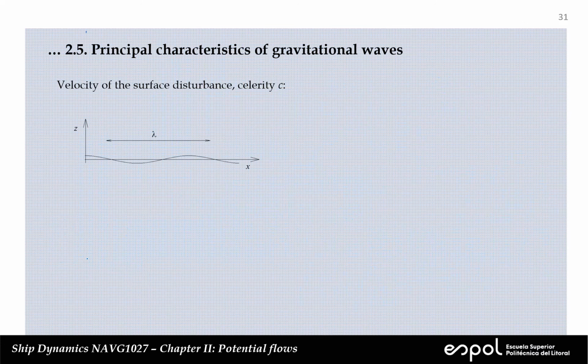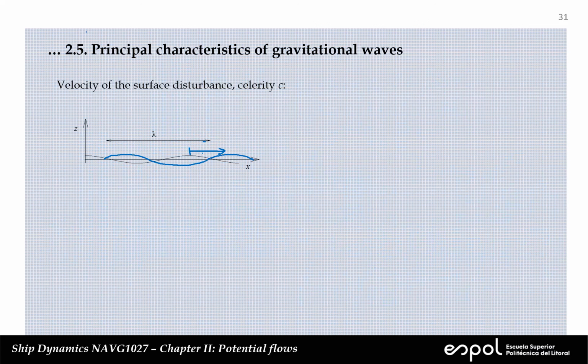And finally, the velocity. So right now, we are looking at the disturbance of the free surface, and after a few seconds, you will see that this has moved, in this case, to the right.